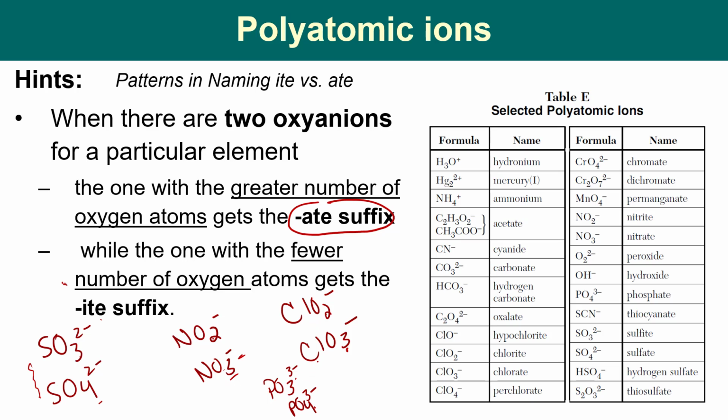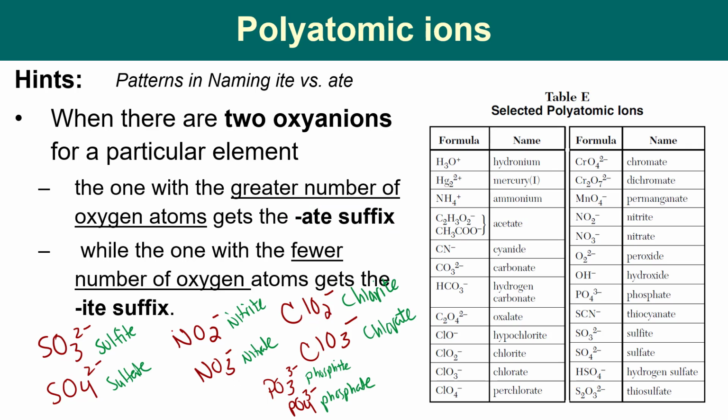Remember, this does not have to do with the exact number, but it has to do with a comparison between the two members of the family, and the one that has the greater number of oxygens gets the ate versus the ite. So that just might be something to help you along while you are trying to memorize these polyatomic ions. There's more that are in there, and obviously the only way to get through this is to put the time in, make yourself a Quizlet or flashcards, and just bang it out.